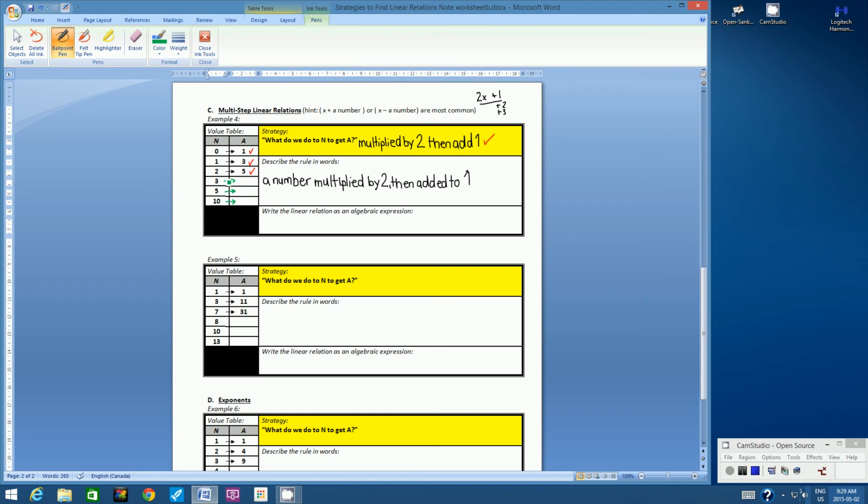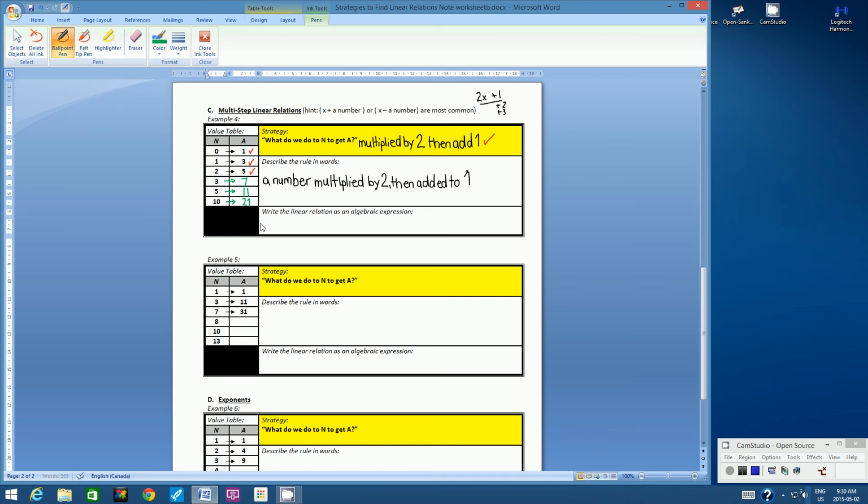I'm hoping you can do most of these just with mental math. Okay, so hopefully you got these three a values, 7, 11, and 21. And hopefully I didn't make a mistake this time.